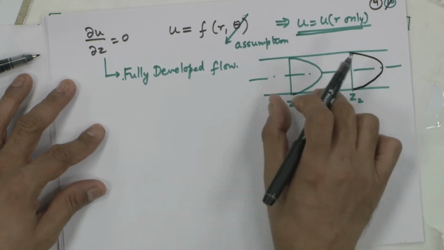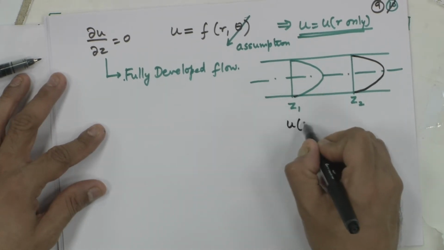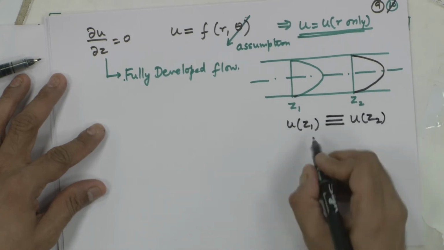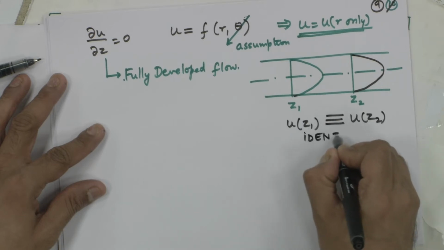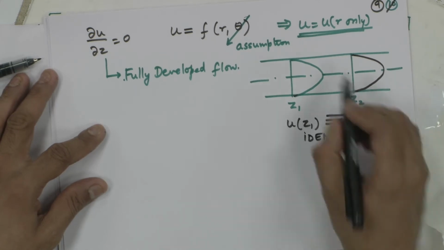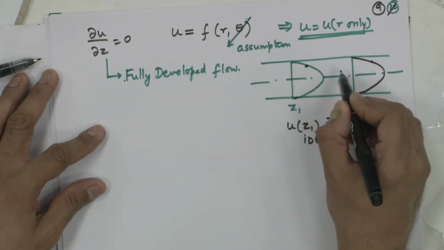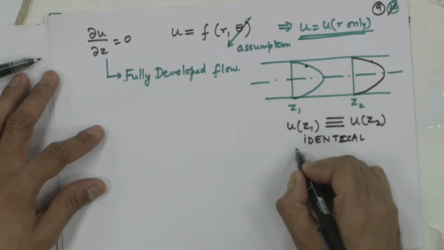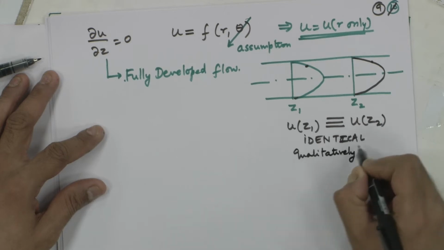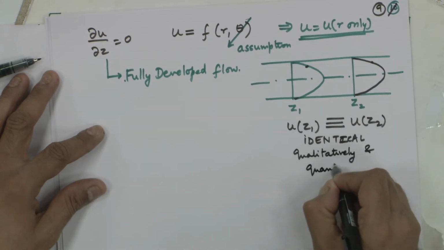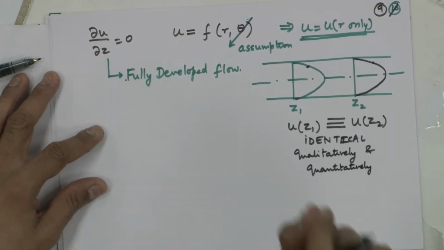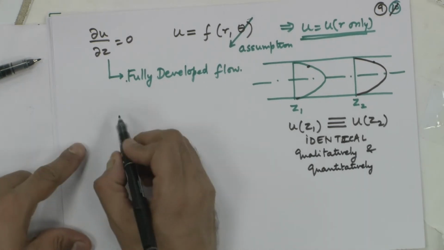If I take the velocity profile at z1 and superimpose it with the velocity profile at z2, it is identical, both qualitatively, that is in shape, and quantitatively, that is in values also. That means velocity at every point is the same. So, this is called fully developed flow.